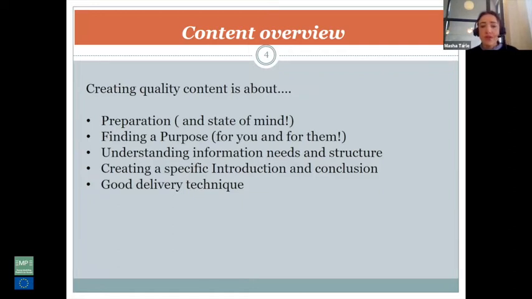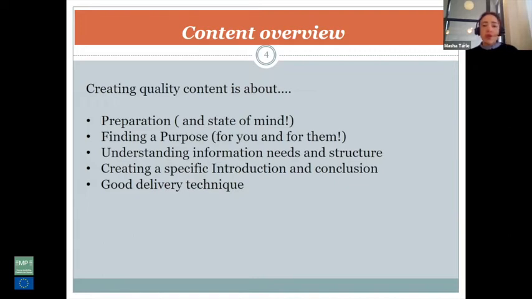We're going to be talking about information needs and structure, so the hierarchy of information, and how that is very important, especially for researchers who tend to want to, when they give a talk or a presentation, do it in a similar way as they present their research in writing. But of course, speaking is a very different way of communication. So we're going to see how we translate one from another.